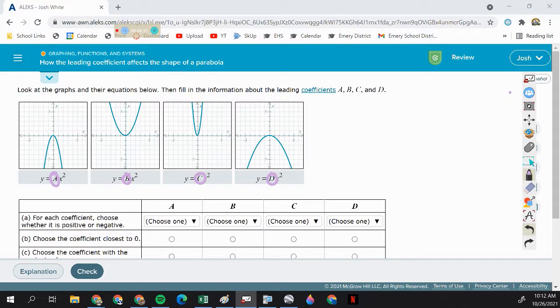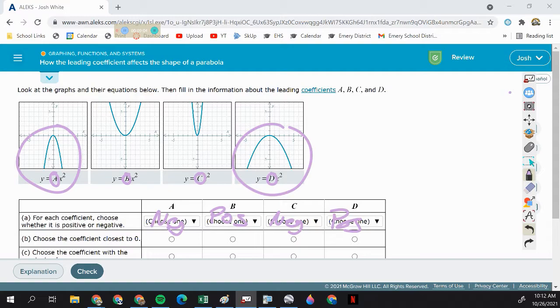Which of those 4 numbers has to be the smallest? Well, what do you know about these two? They're negative. So A would be negative and C would be negative. Okay, which means the other two are positive.